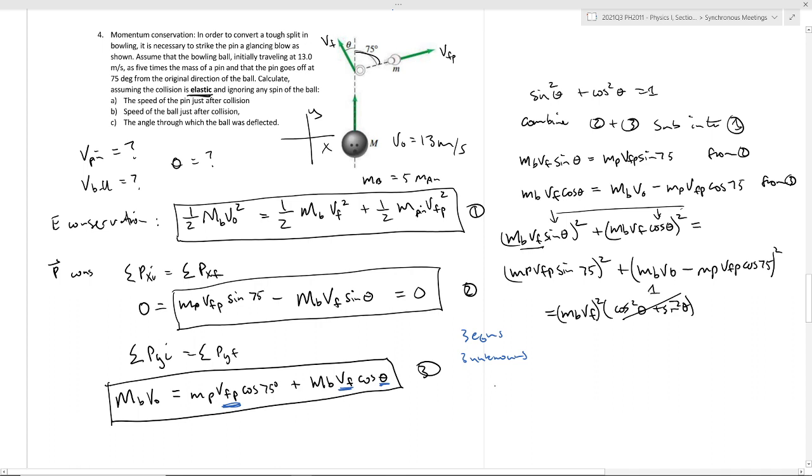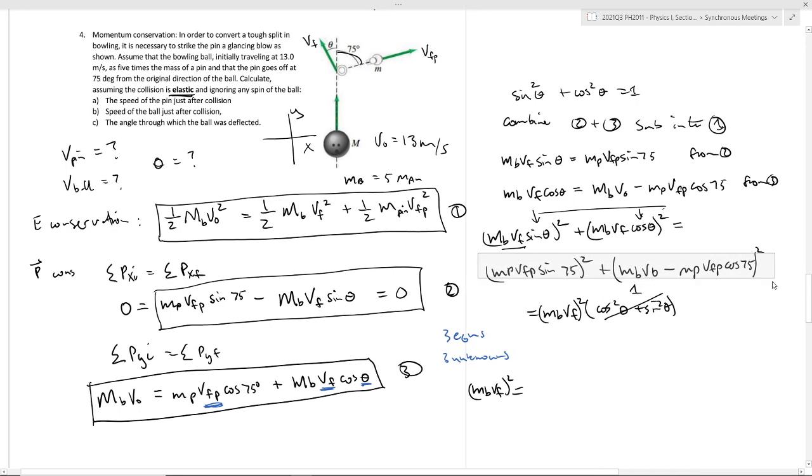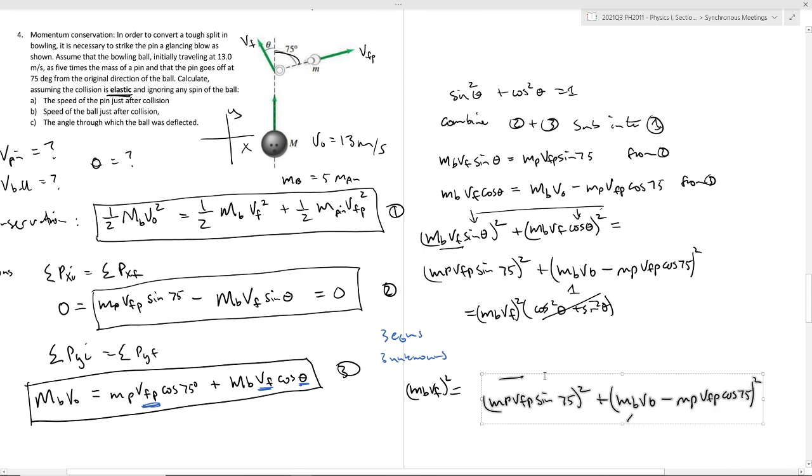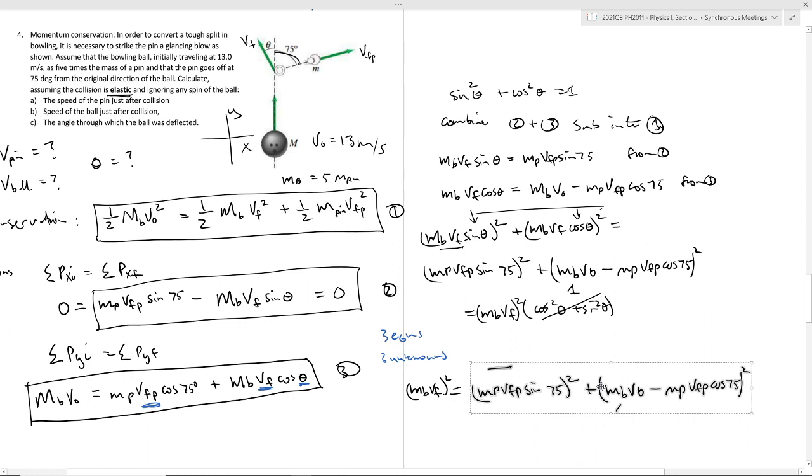So just to rewrite it here, what we have so far is mb vf squared equals, maybe I can just copy this bit here. This is a nice intermediate step because we have eliminated theta.